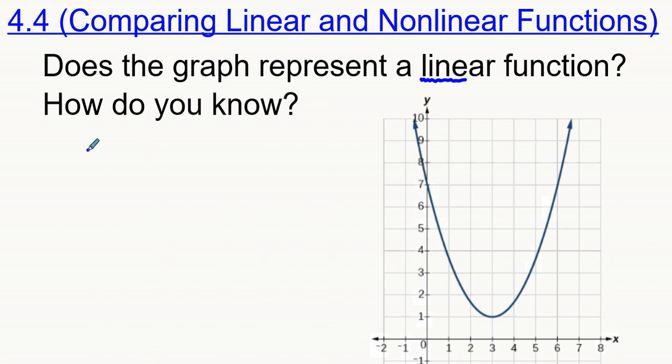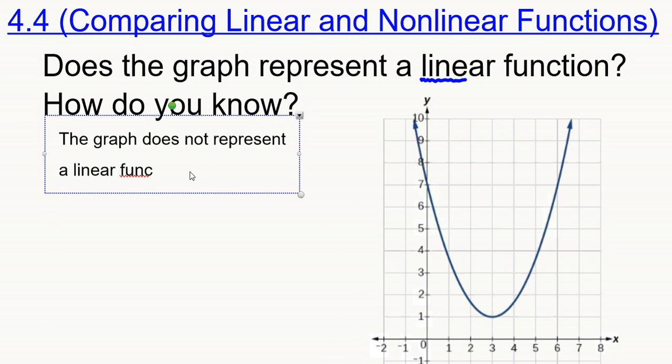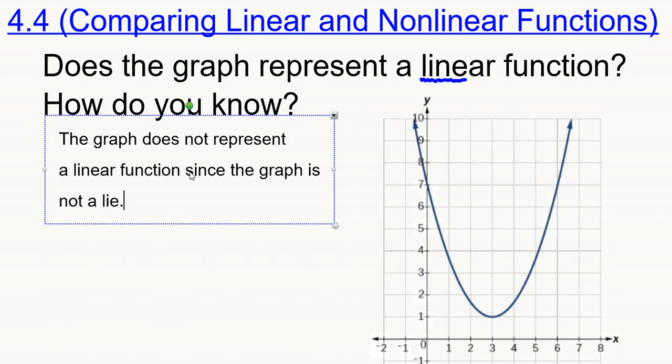So I'm going to say, does it represent a linear function? Let me type this one out. The graph does not represent a linear function, since it does not have a constant slope, or since the graph is not a line. There's a couple of different ways to explain it.